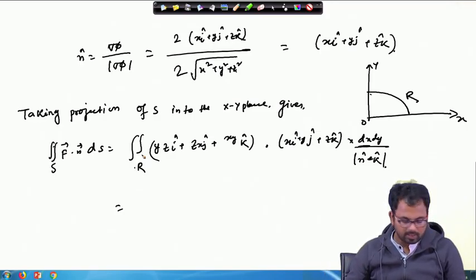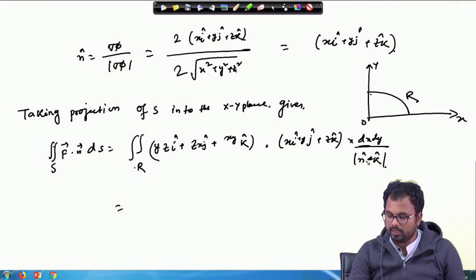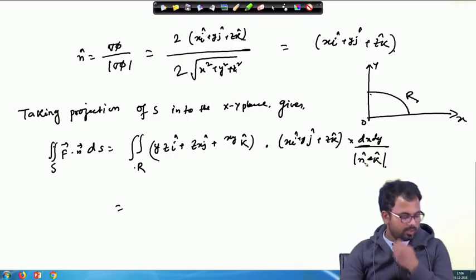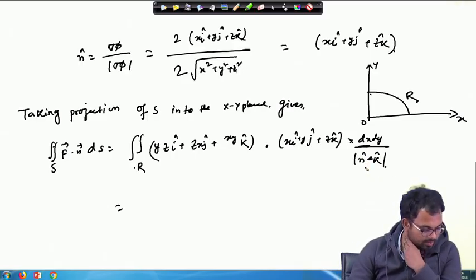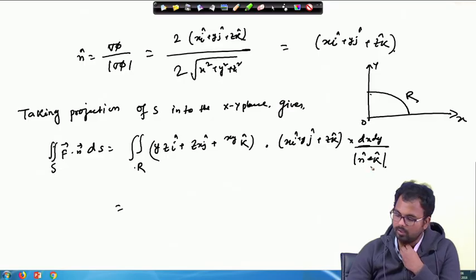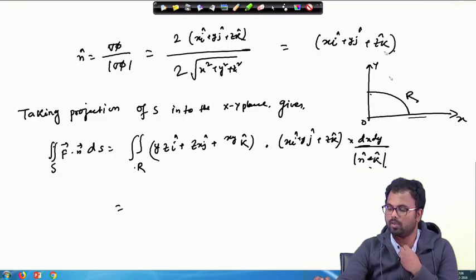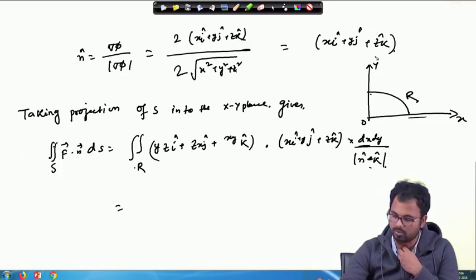Here n is the unit normal, and k is the vector perpendicular to the x y plane. So, if you take n dot k, this will reduce to just z.